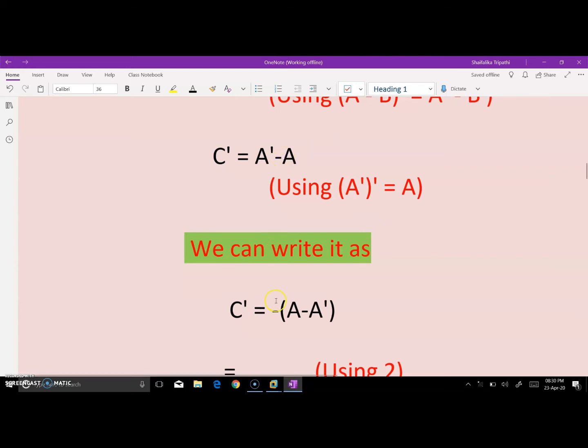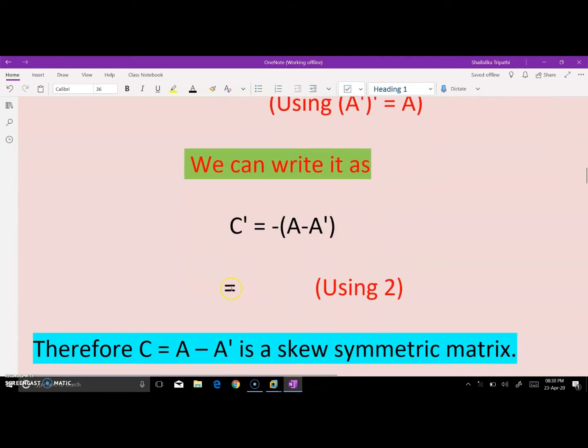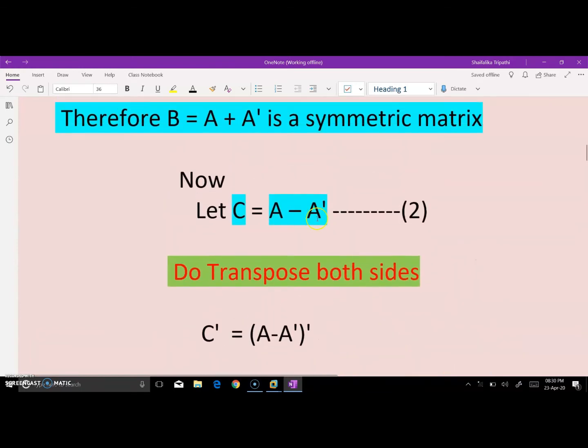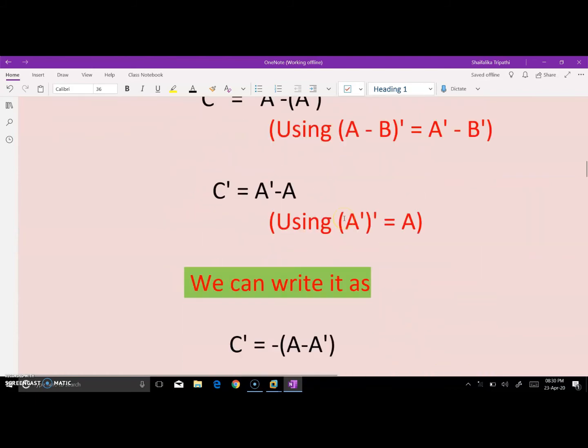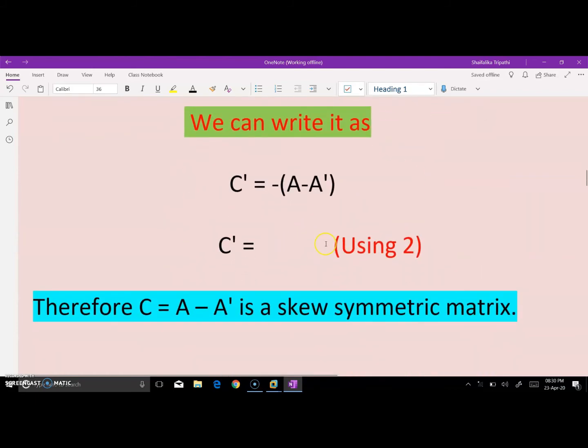Because when we take minus common, the negative will become positive, and the positive will be negative inside the bracket. So it will be C transpose, and what is this? We have already denoted A minus transpose of A as C. So from equation 2, this is minus C, right?